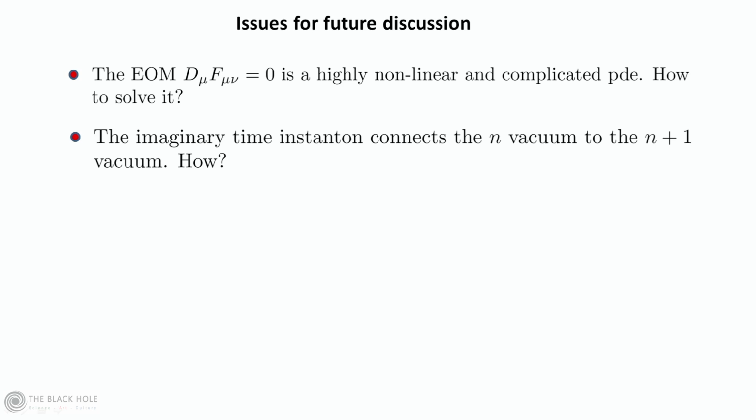When tau goes to minus infinity, it goes to minus A. When tau goes to plus infinity, it goes to plus A. So in the same sense, the instanton of Yang-Mills gauge theories takes you from one QCD vacuum to another.